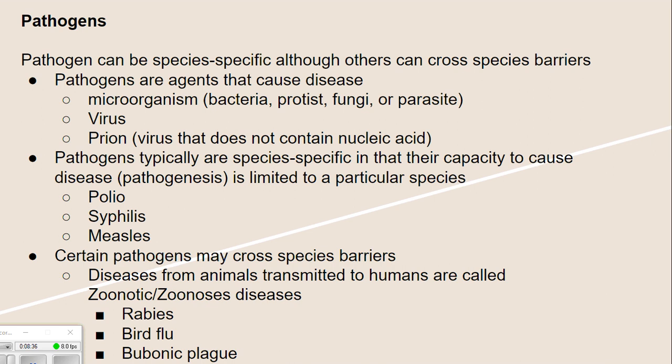However, certain pathogens can cross species barriers, and then you can get diseases from animals that are transmitted to humans. And when this happens, this is referred to as a zoonotic disease or zoonosis. And classic examples of diseases or pathogens that cross these species barriers include rabies, bird flu, and bubonic plague.